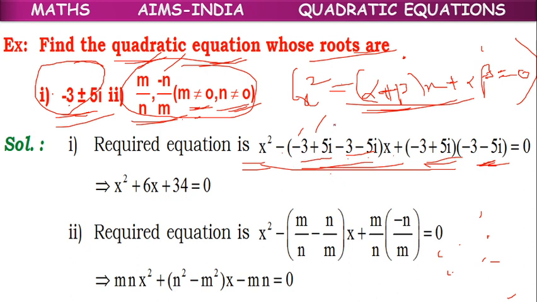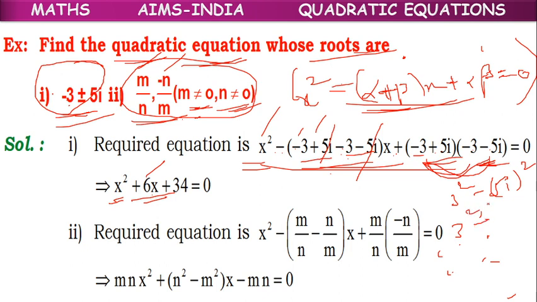Here plus 5i and minus 5i cancel. Minus 3 minus 3 is minus 6, and minus into minus gives plus 6 into x. So the first term is x square, the second term is 6x. For the third term, multiplying (a plus b)(a minus b) gives a square minus b square: 3 square minus (5i) whole square. 5 square is 25.